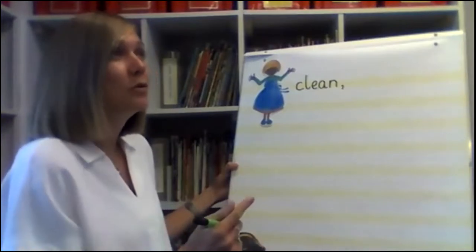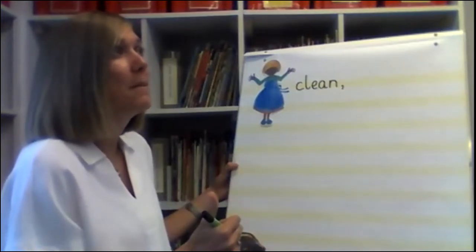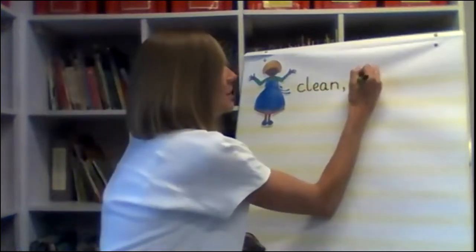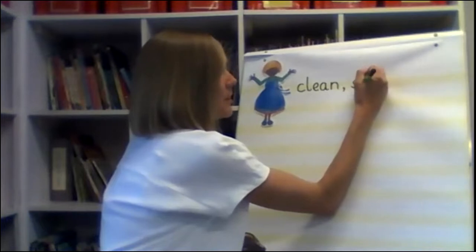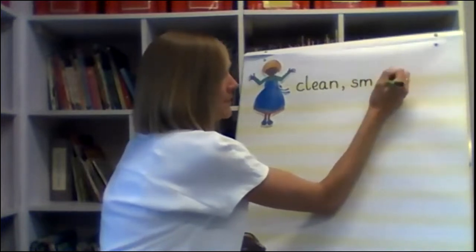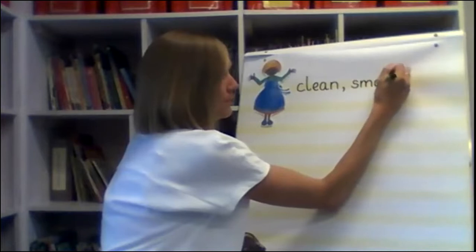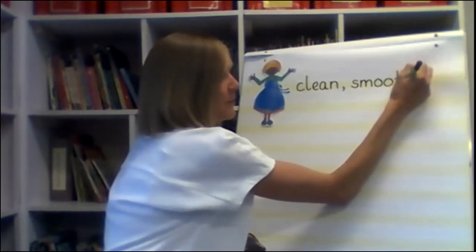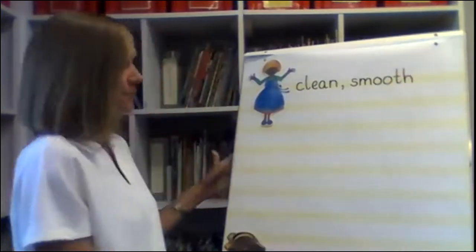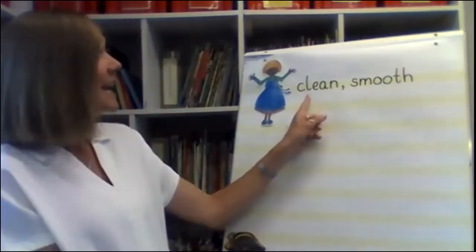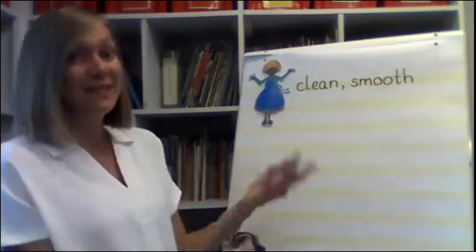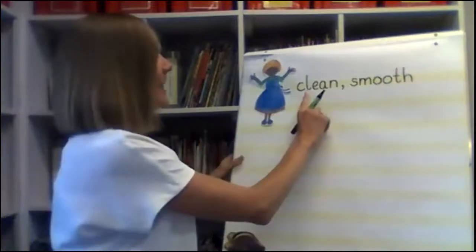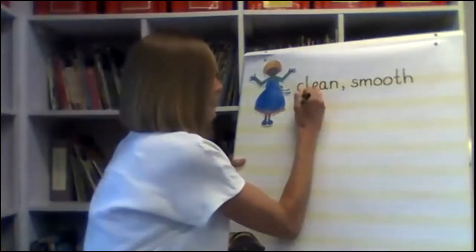Clean, smooth. Oh, there's some special friends in that word as well. My tongue poked out then, so I've got to remember it's my TH spelling. So there's my two adjectives, clean, smooth. Now I need my noun. What was I describing? The apron. Clean, smooth, apron.